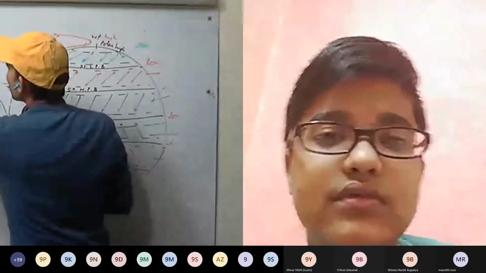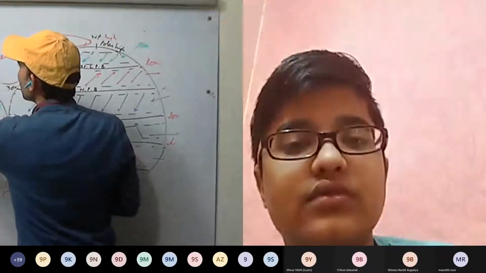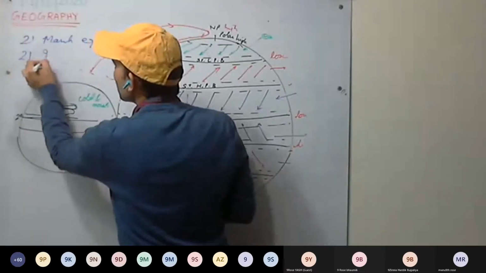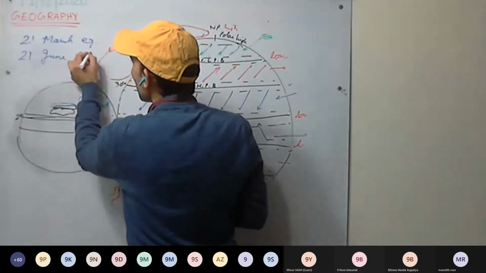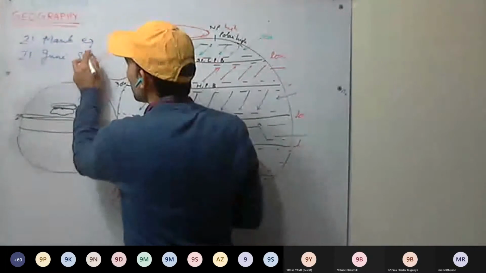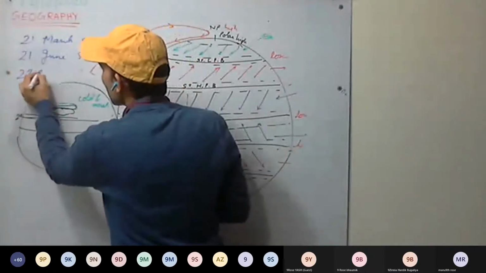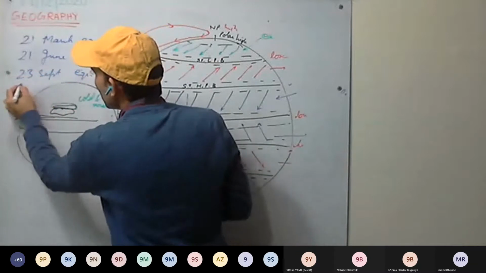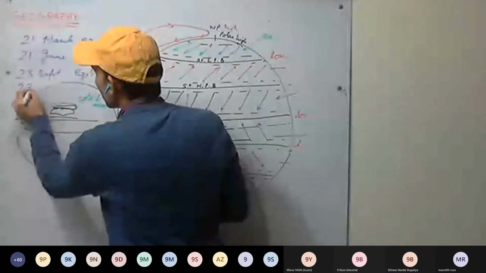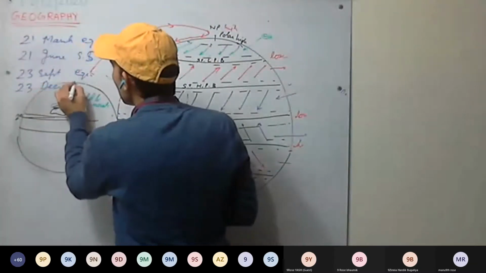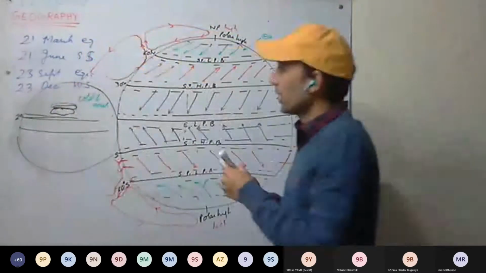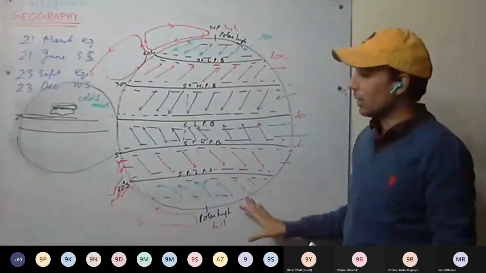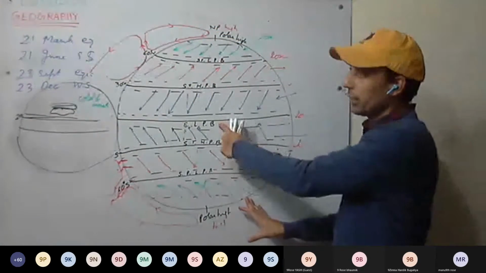Okay, 21st March, equinox is there. Then 21st June, summer solstice. Then we have 23rd September, again an equinox, the autumn equinox. Then we have 23rd December, winter solstice. So on 21st March, this will be the position of the pressure belts because the sun is overhead on the equator.